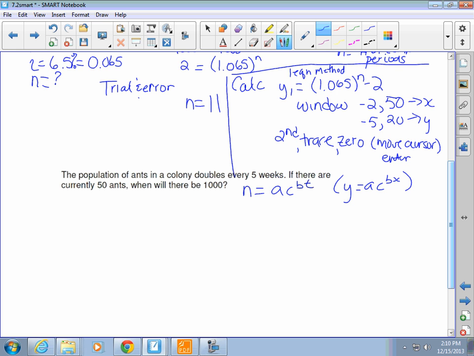B is affecting the shape of your graph too, and then your x is just your variable. So if we take a look at this then, from our equation, n is the number of ants. A is always the number you start with.